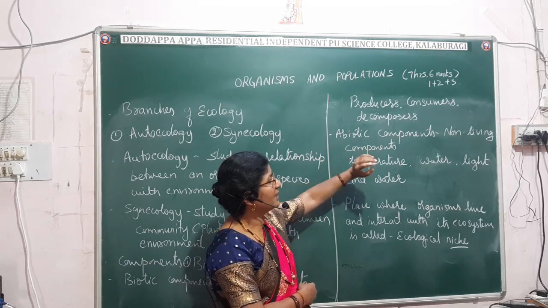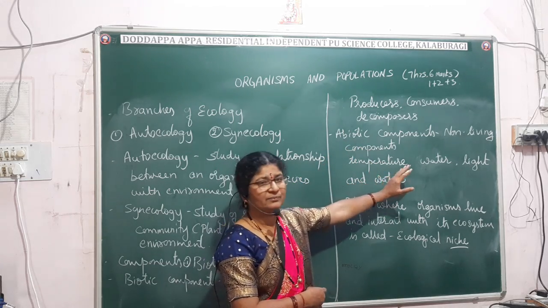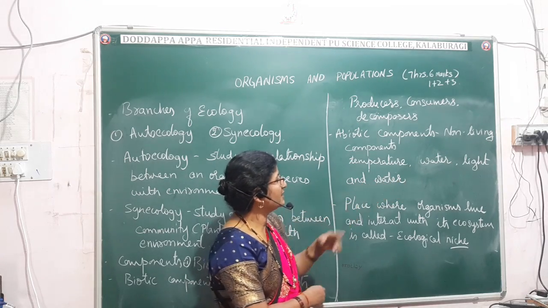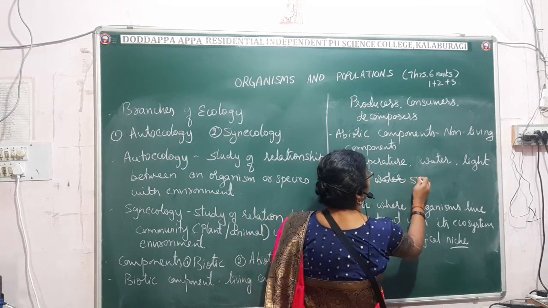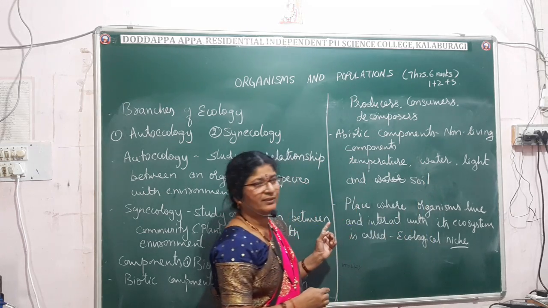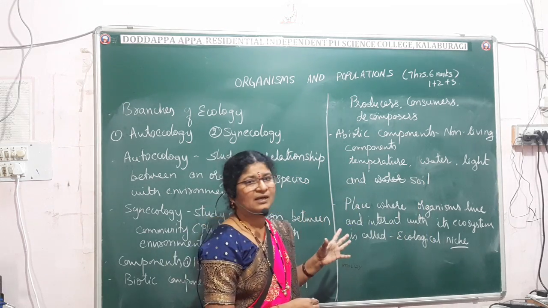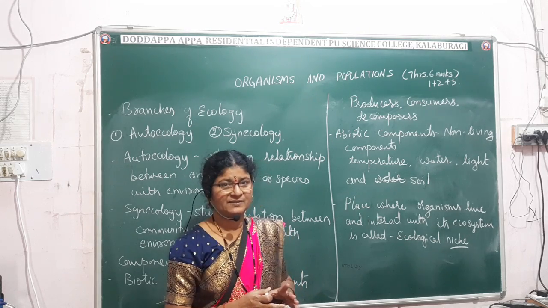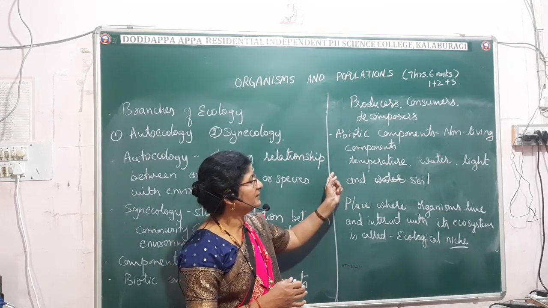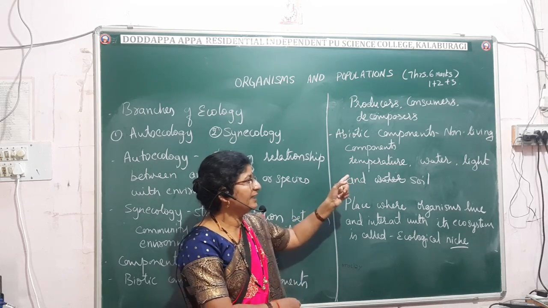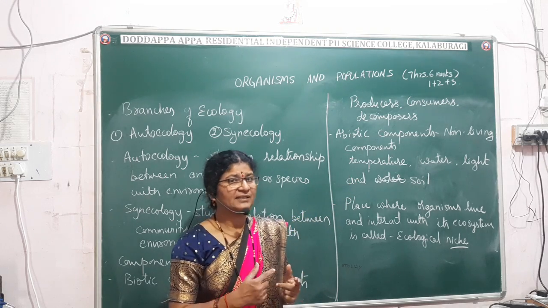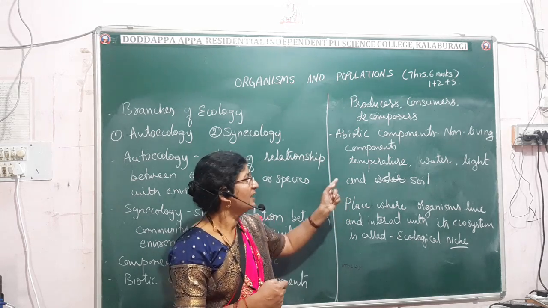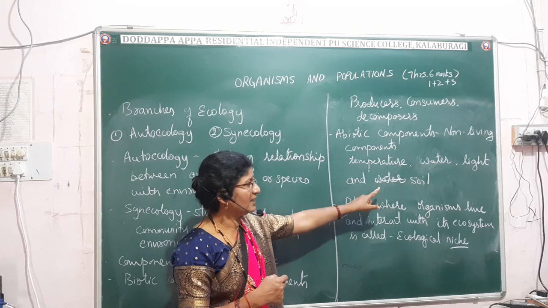Now, abiotic components mainly include temperature, water, light and soil. Mainly these four components have a major effect on organisms. The availability, intensity, duration and quality of these factors vary in different regions of the earth.